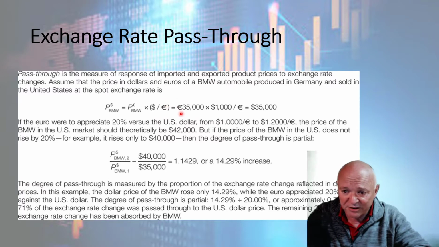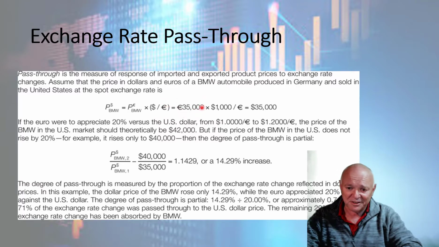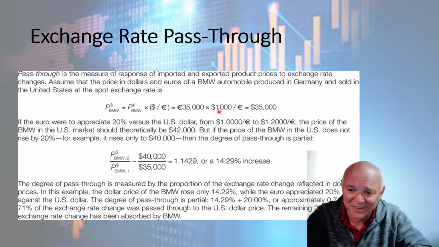The price is 35,000 euros in Europe. That's the euro price for the BMW. And the exchange rate is 1.000 US dollars to the euro. In other words, a 35,000 euro car costs 35,000 US dollars.